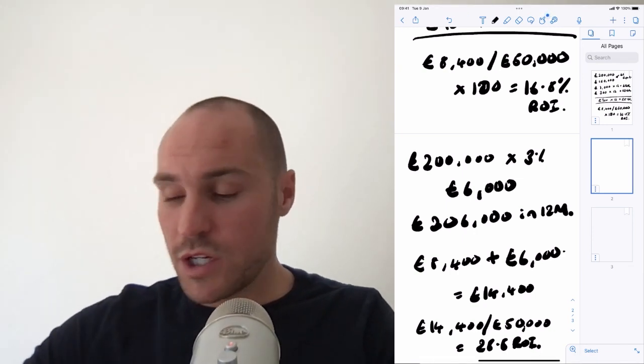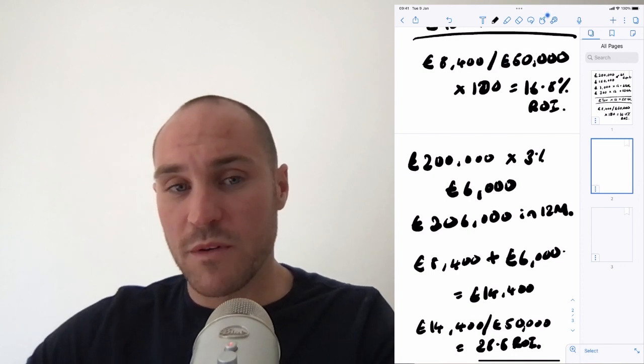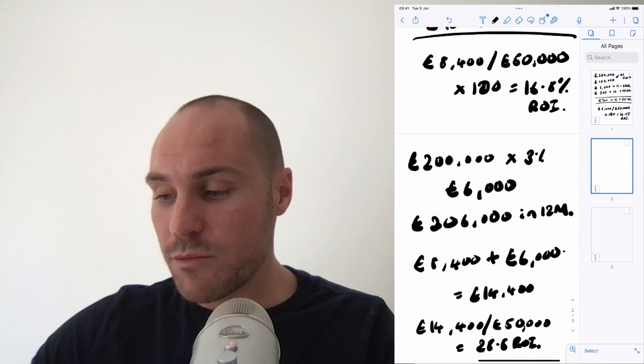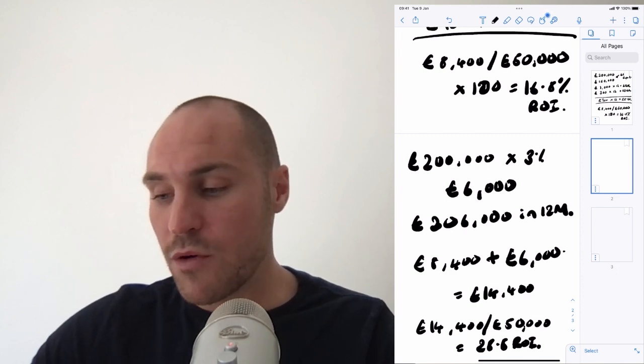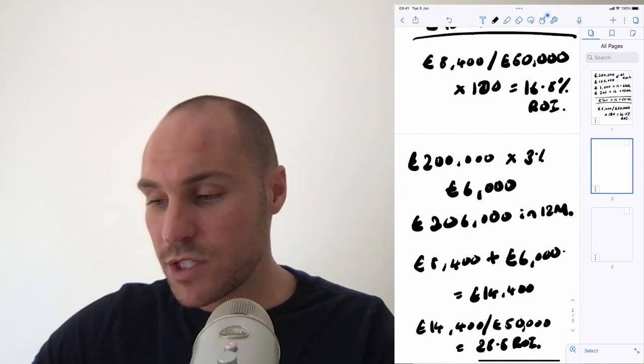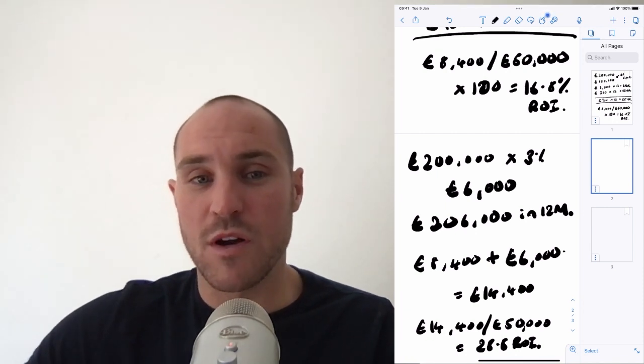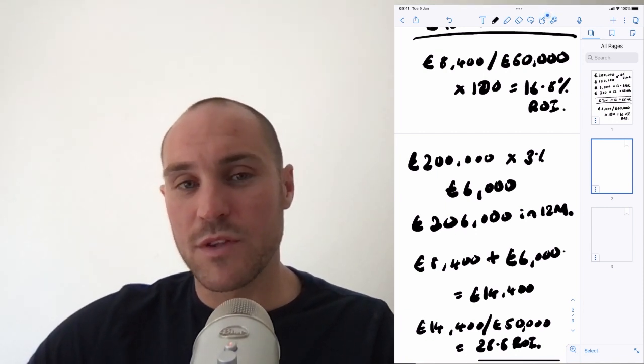So if I was to look at this deal in 12 months time, this deal was giving me a 28.8% return. You can see in the previous example I didn't allow for that and it only gave me a 16.8% return. So in fact what we've missed off here is a 12% return by not allowing for the capital growth.